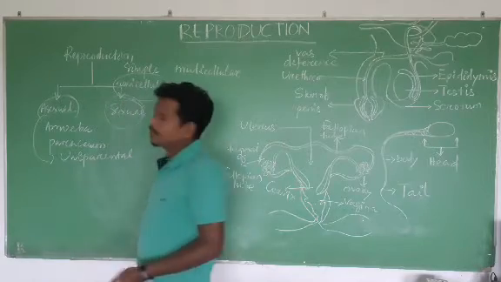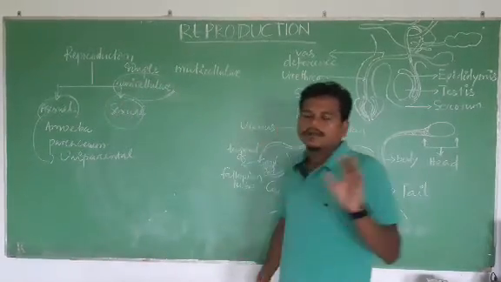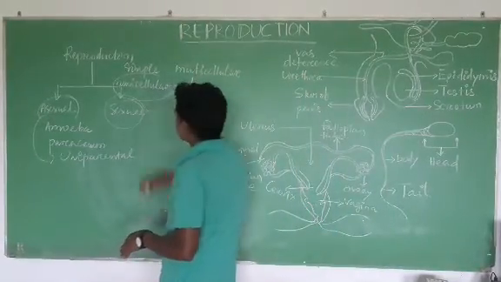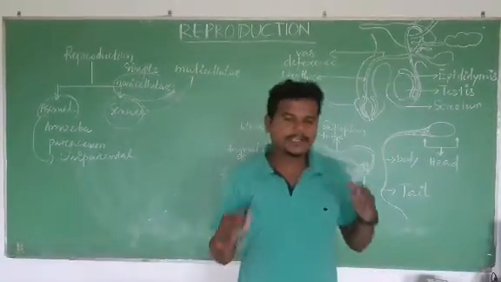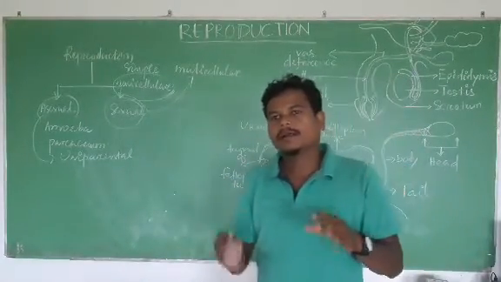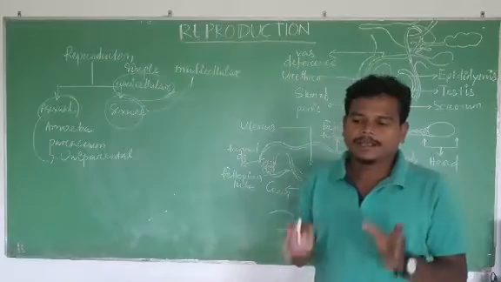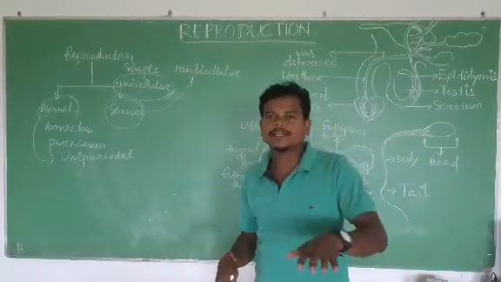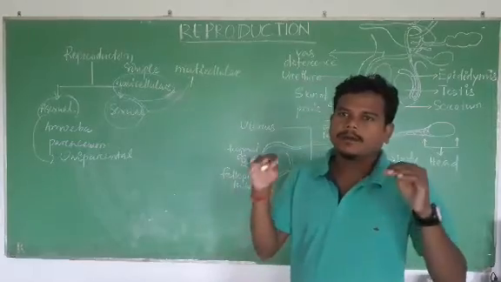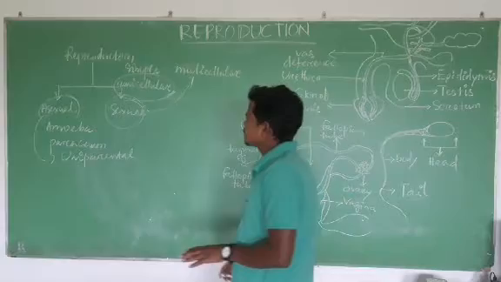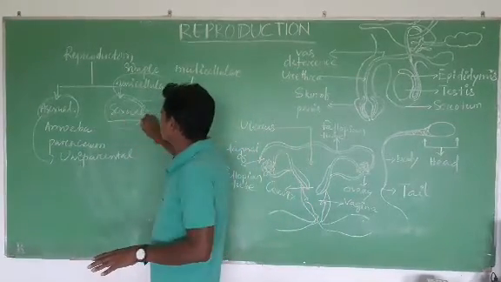The sexual mode of reproduction is most often seen in multicellular organisms, because in multicellular organisms there are millions of cells, and every cell is specialized, or differentiated, to perform a particular or special function, right?